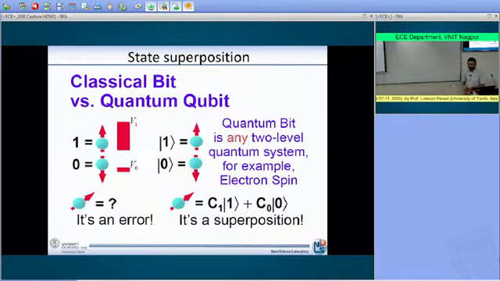Okay? So when we are manipulating a qubit, we are manipulating at the same time all the superposition states between state 1 and state 0.